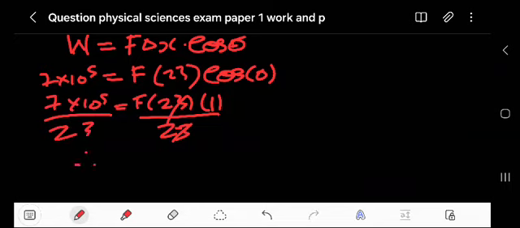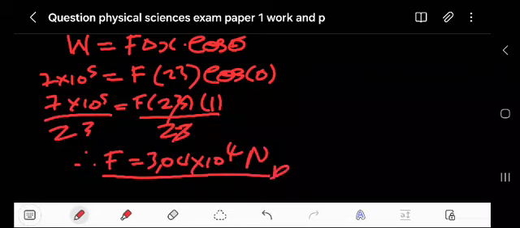We'll get that F is equal to, if I punch this, 3.04 times 10 to the power 4 Newton. Force is measured in Newton. This is our force, right? So we have the force.